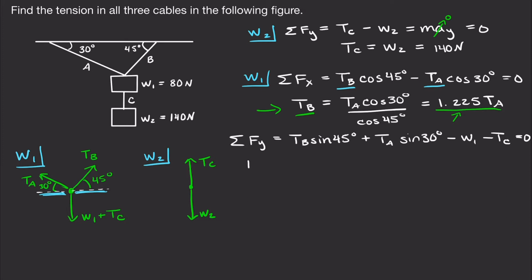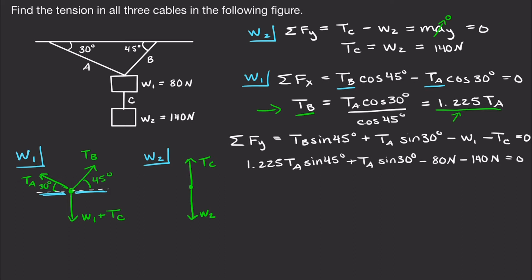Instead of TB, I'm going to write 1.225 TA sine of 45 plus TA sine of 30. And then I'm going to plug in minus 80 newtons for weight 1, and minus TC, which we found was equal to 140 newtons, or our bottom weight. And all of that is 0.